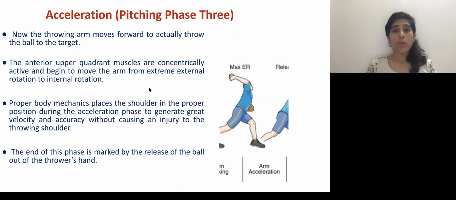Here the proper body mechanics place the shoulder in the proper position to go for the internal rotation movement and to generate proper velocity and accuracy without causing any injuries to the shoulder.